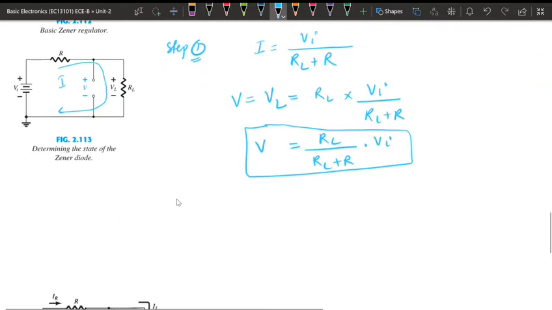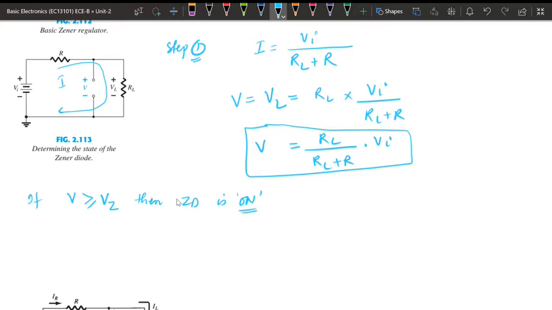So now we need to check whether this V voltage is greater than or equal to Vz or not. If V is greater than or equal to Vz, then the Zener diode will be operating in on mode.